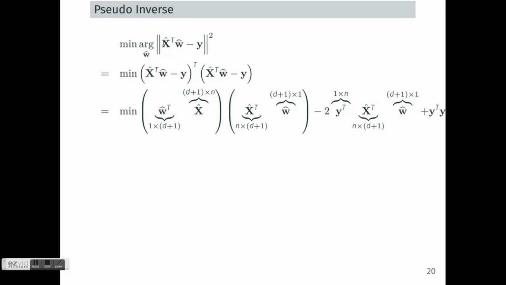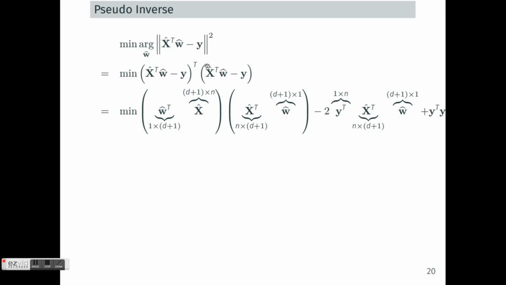Opening this norm square, this is similar to a minus b whole square, and I can write it as a minus b into a minus b. When we are in matrix vector notation, we write it as a minus b transpose into a minus b.